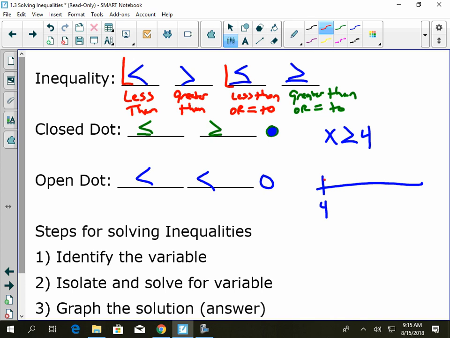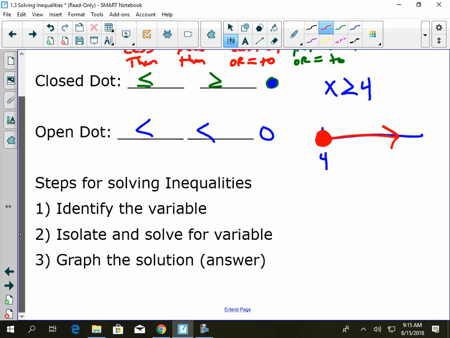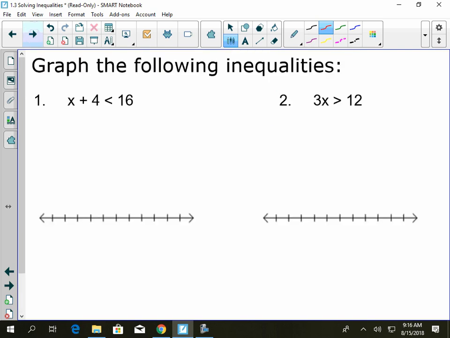To the right. Because it's or equal to, I use a closed dot on the 4 to tell you the 4 is involved, and then I draw my line and put my arrow. That tells you anything that is 4 or bigger solves this problem. All right. You identify the variable, you isolate and solve, then you graph the solution. That's easy.